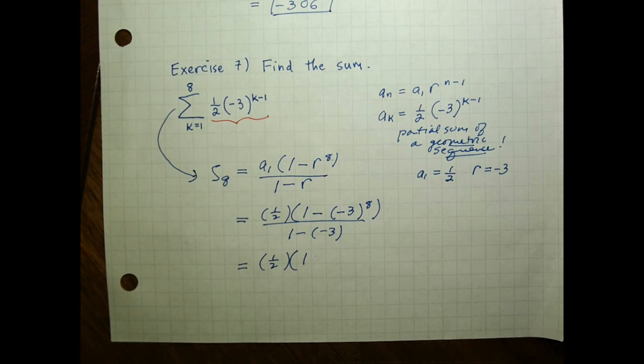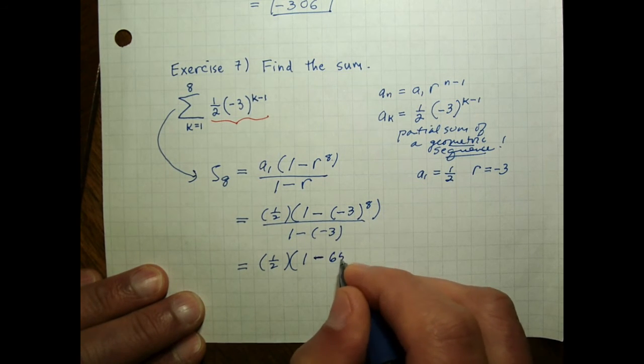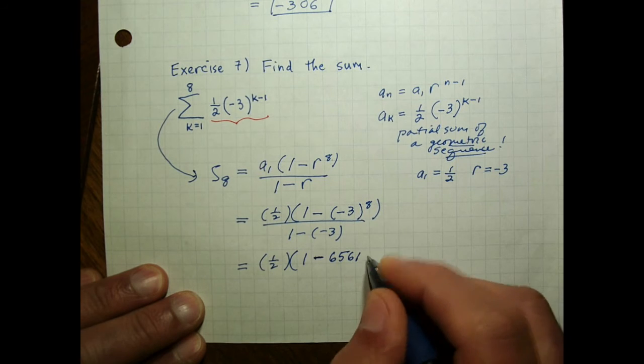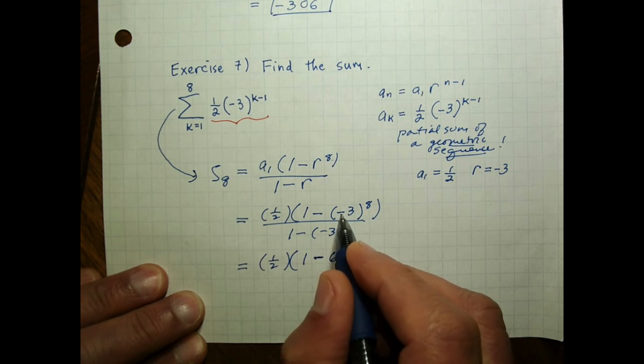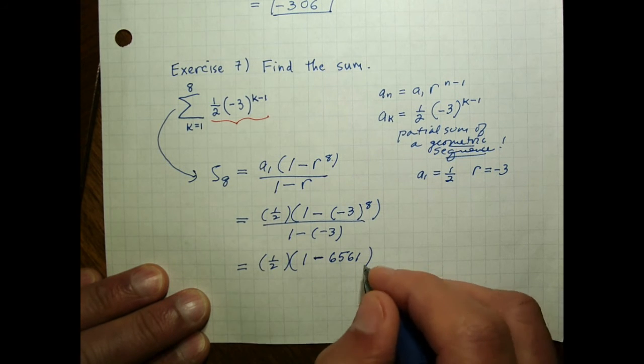I'm tired of figuring things out in my head. 3 to the 8th is 6,561, just what I would have thought. But now I'm still going to have a minus sign, because this minus sign is gone, but the minus sign from the subtraction in the formula is still there.